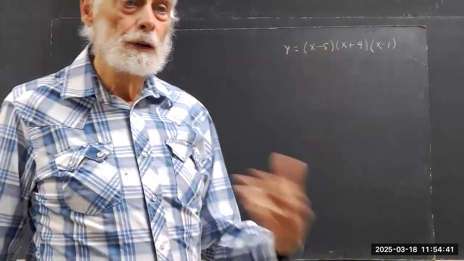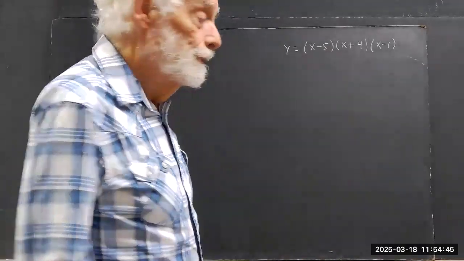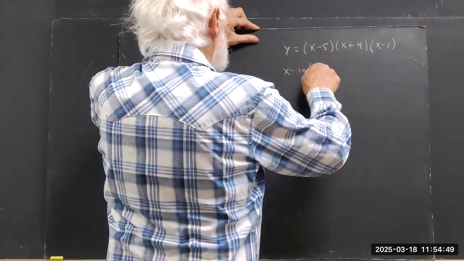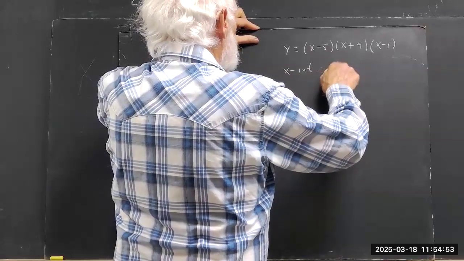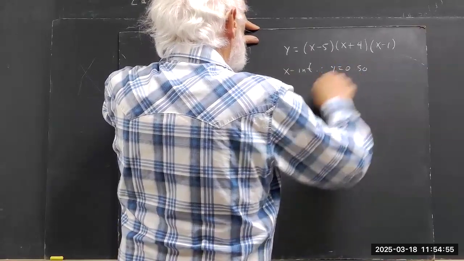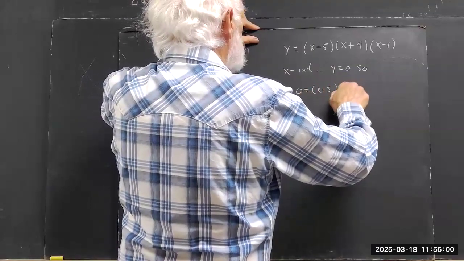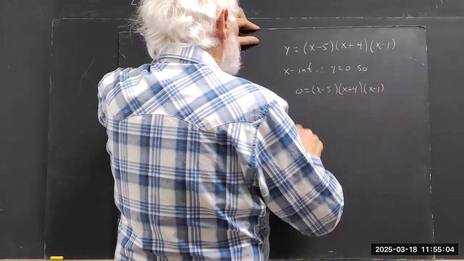What's the first thing you do when you do a graph? You look at the intercepts. Okay. So I'm just going to write this out. The x-intercept without a lot of explanation. Y equals 0. So you get 0 equals (x minus 5) times (x plus 4) times (x minus 1).